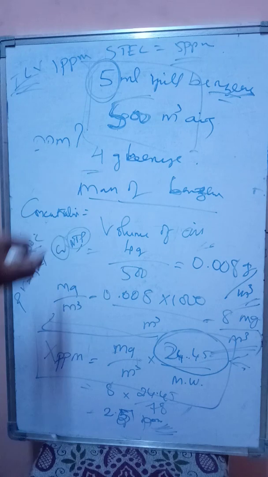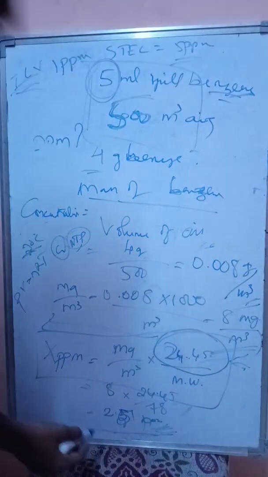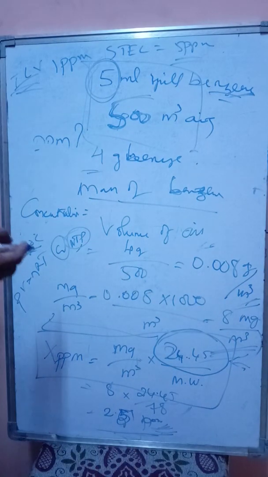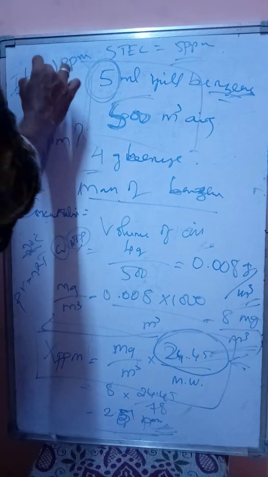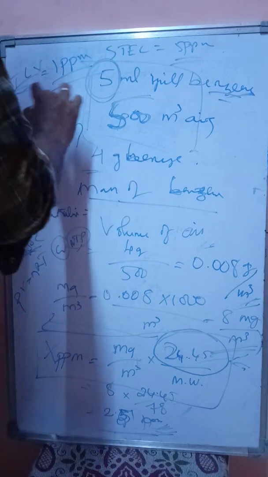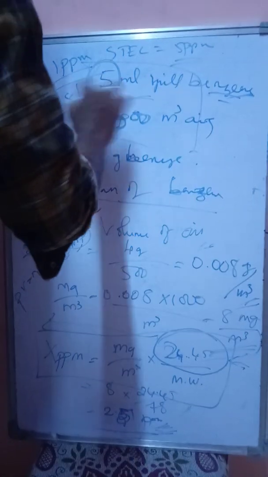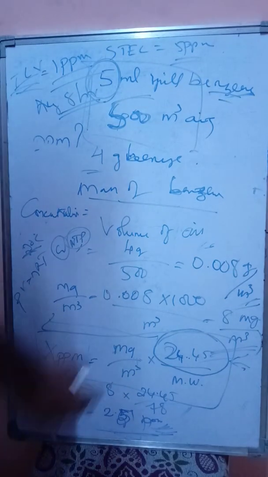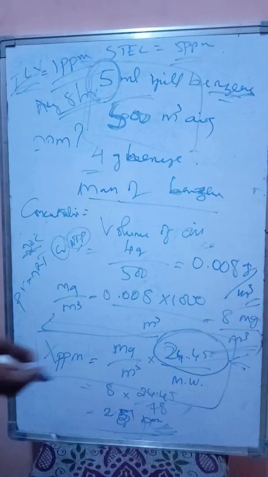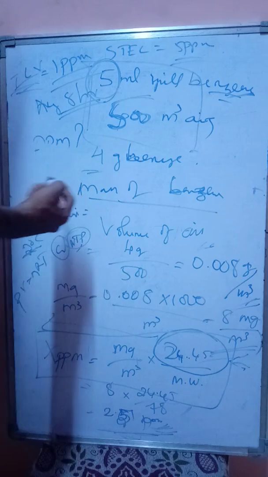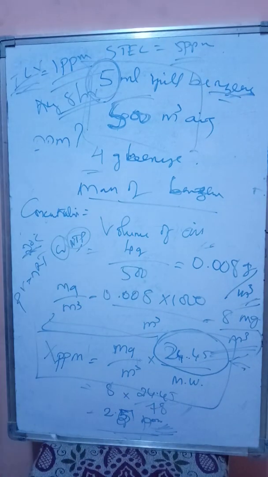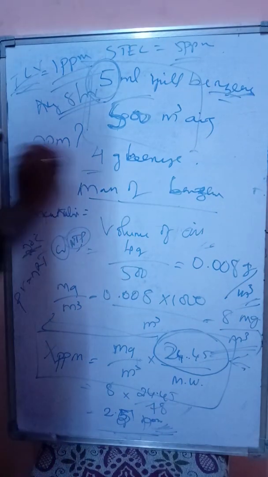You don't say like that, because this 2.51 is just a spillage for an instant, but the 1 ppm is given for an average of 8 hours. So in this case, you don't need to worry about that. It is for an instant only. It will not be present for the whole 8 hours. How do you save that environment from that exposure? You can do it with some simple things. You remove that environment.